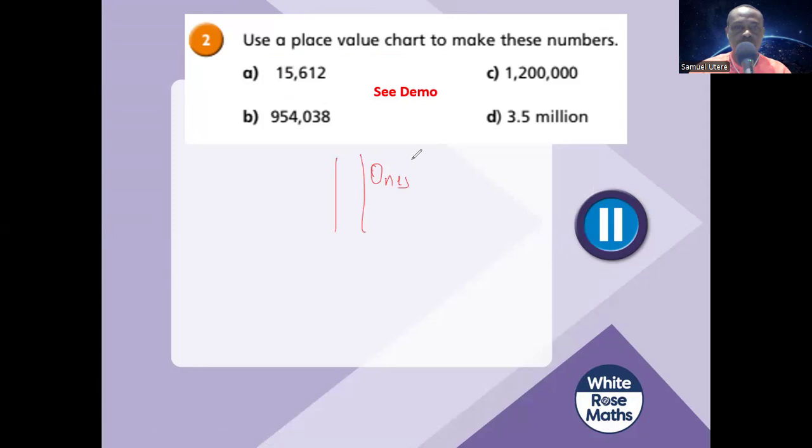Well, we start from the left, don't we? Ones, tens, hundreds, thousands, tens thousands, hundred thousands.